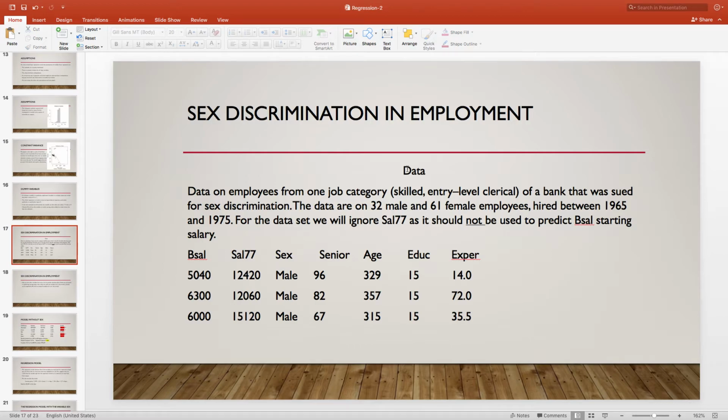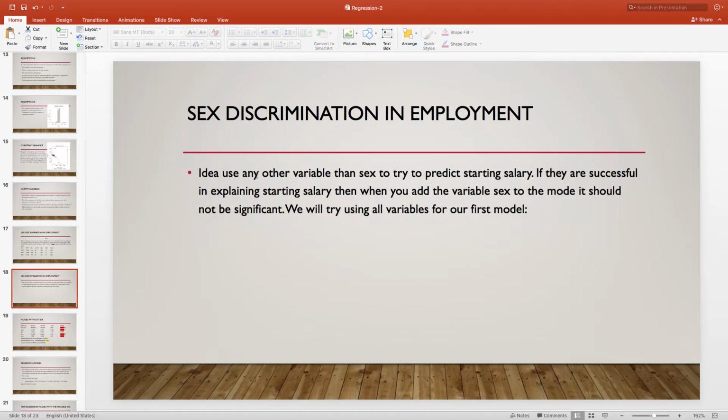There are 32 males and 61 females that were hired between 1965 and 1975. For the data set, we'll ignore salary 77 because it should not be used in the regression. It's correlated with Y, the base salary. So the idea is that we're going to use any variable other than sex and salary 77 to determine starting salary.